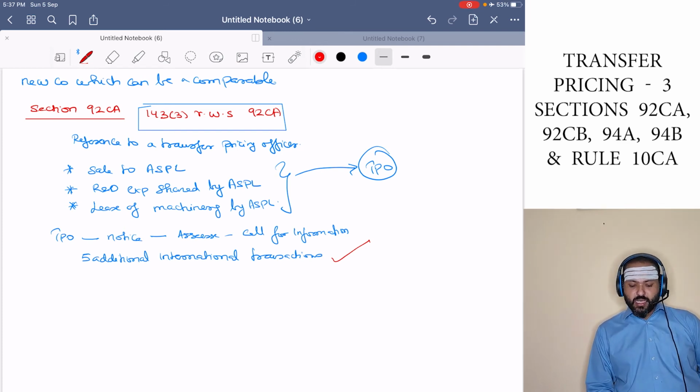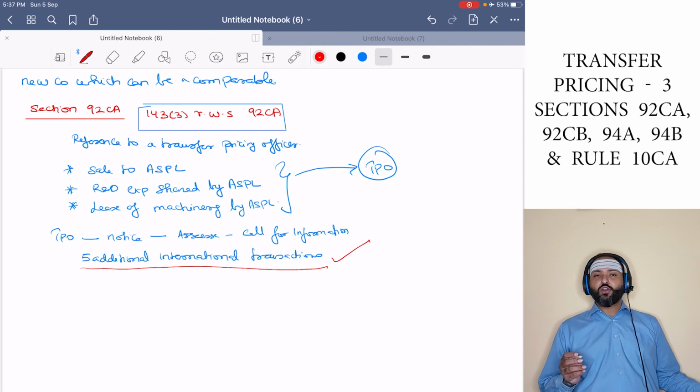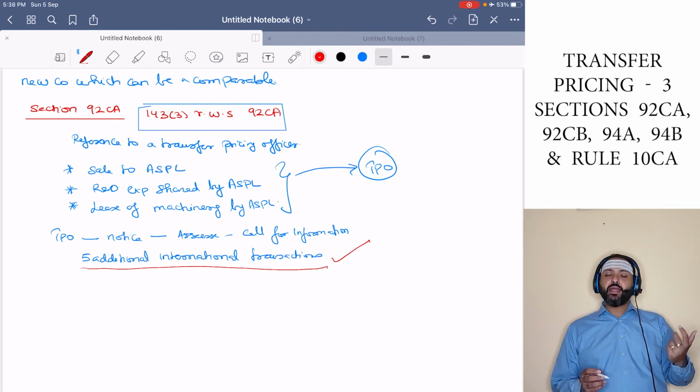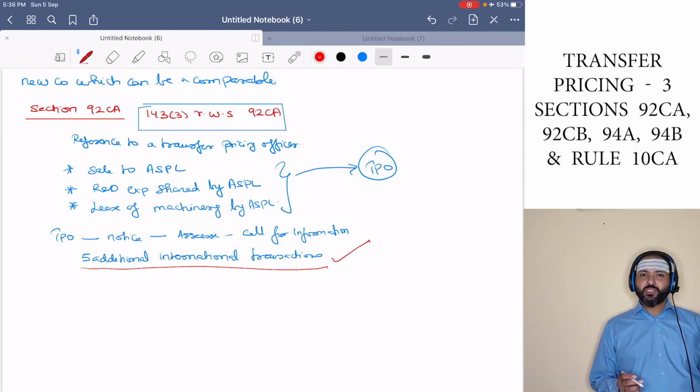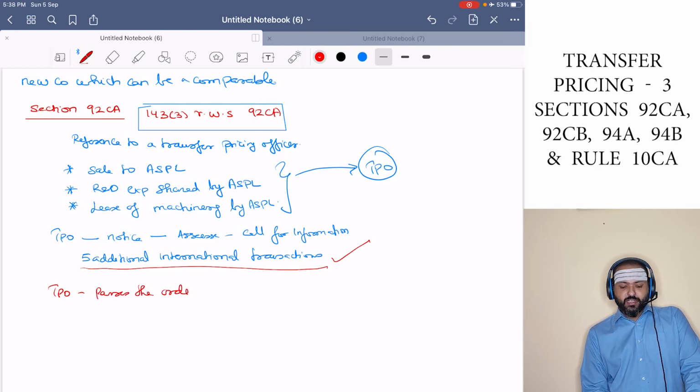So this is the additional power that is given to the transfer pricing officer. He can call for information, and he can also ascertain additional grounds and compute the arm's length price for those grounds. Now, when the TPO passes an order, he sends a copy to the AO and a copy to the assessee.